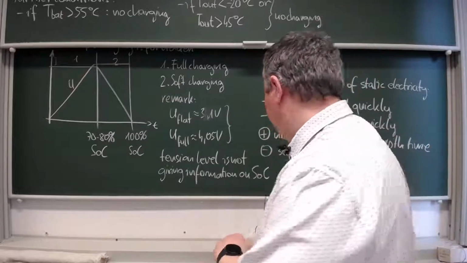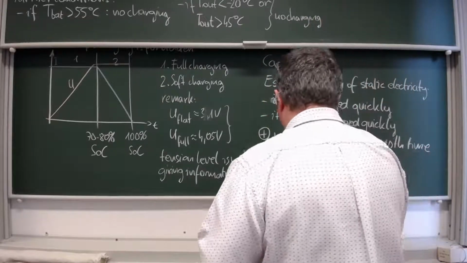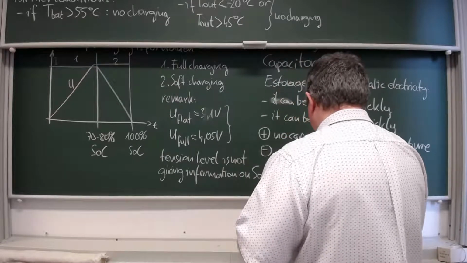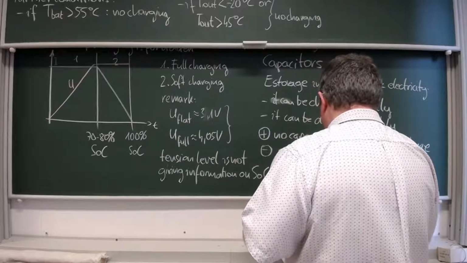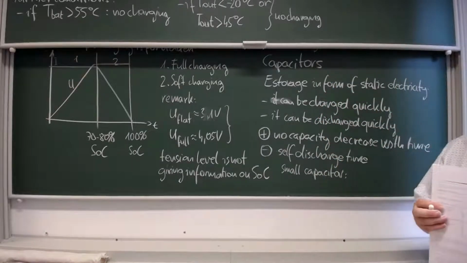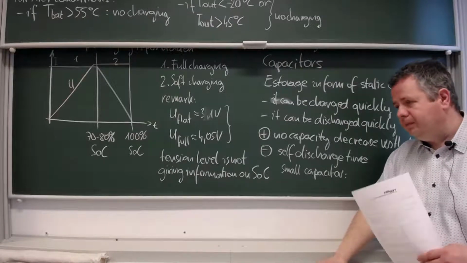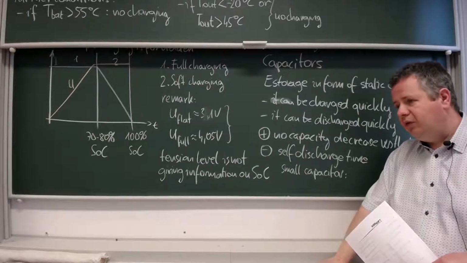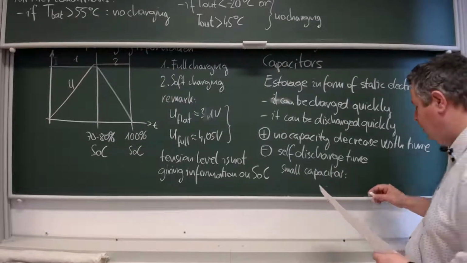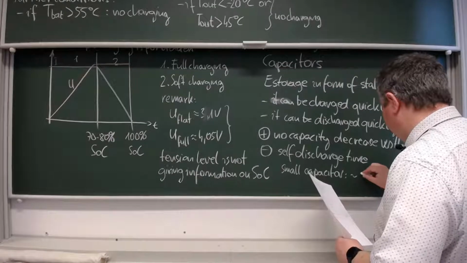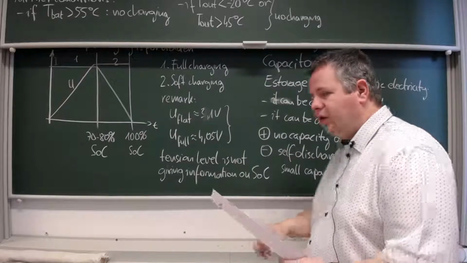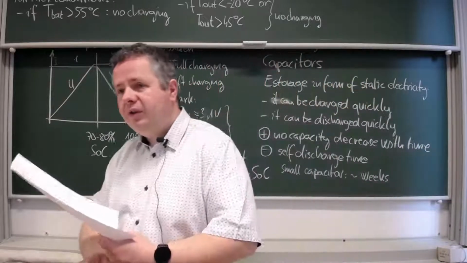The small capacitors that you use in an electric circuit for backup or for constant alimentation of electrical circuits, you've got in the order of weeks, 1 week or less. It depends how big is the capacitor.